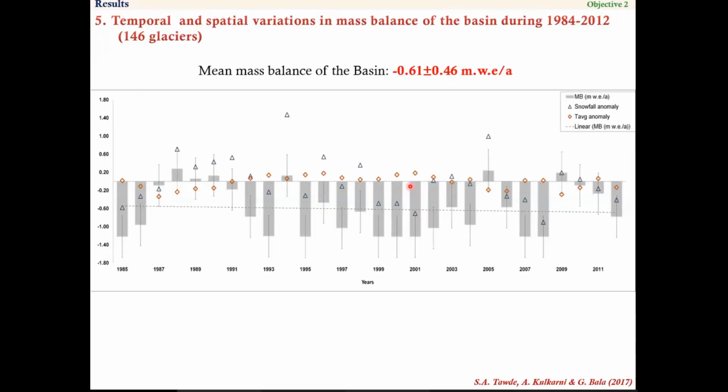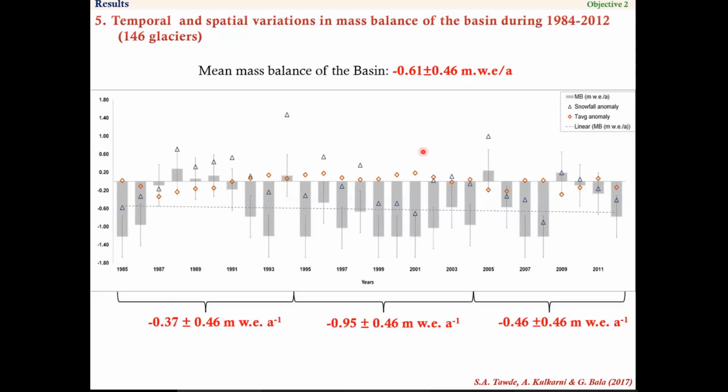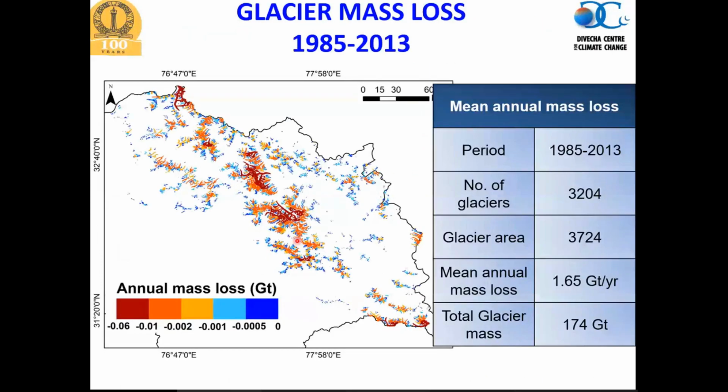You can also look at the spatial variability of snowfall, and how the temporal and spatial mass balance of the basin changed during 85 to 2016. You can really do that. You can also see that for some years mass balance is very negative, so you can understand the trend.